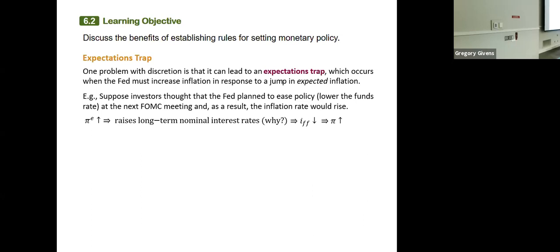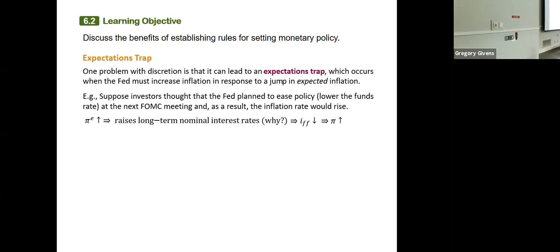It's what's called a self-fulfilling prophecy. It ends up leading directly to higher actual inflation because the Fed has to accommodate those higher inflation expectations in order to avoid slower economic growth or a recession. That's what an expectations trap is, okay?